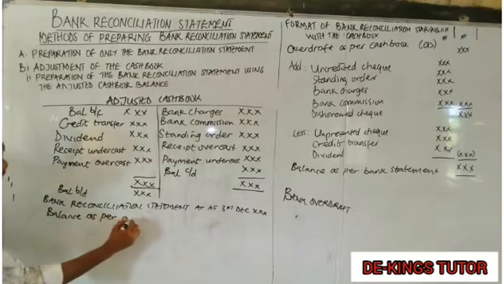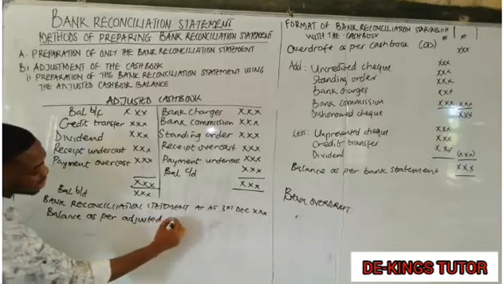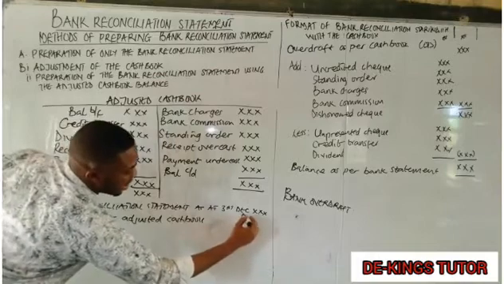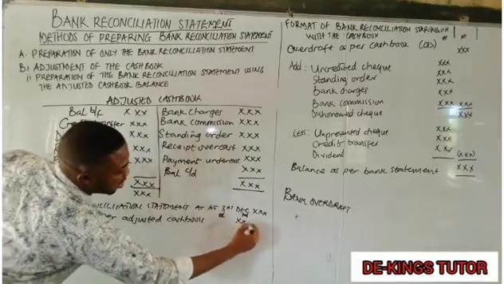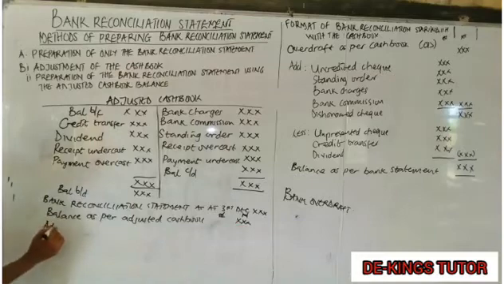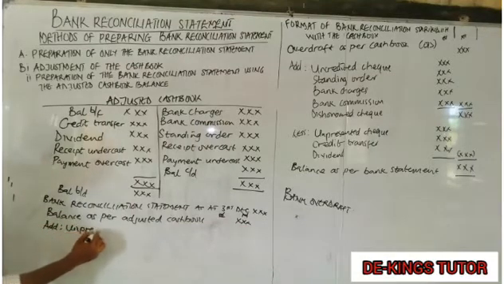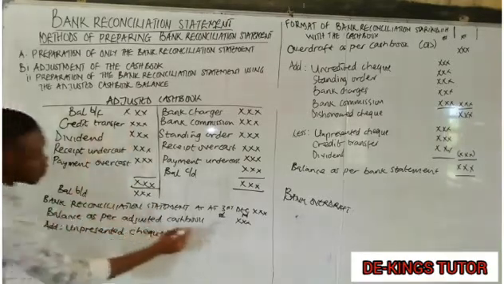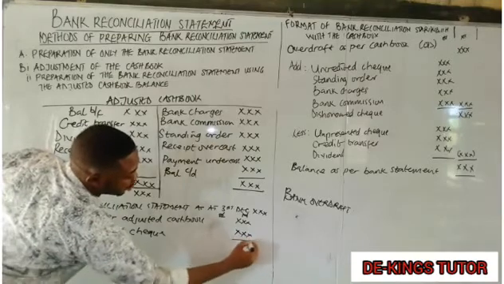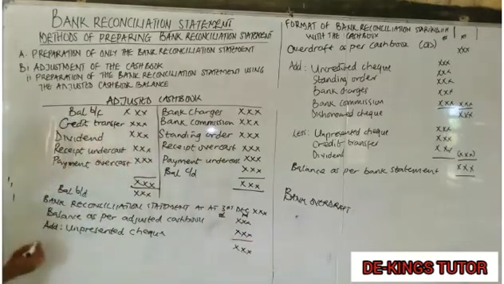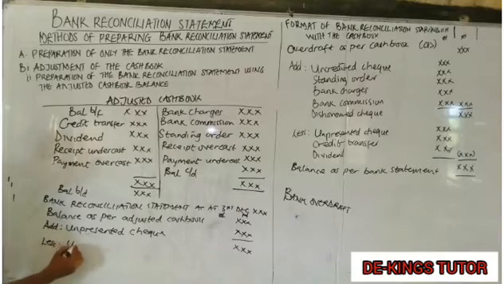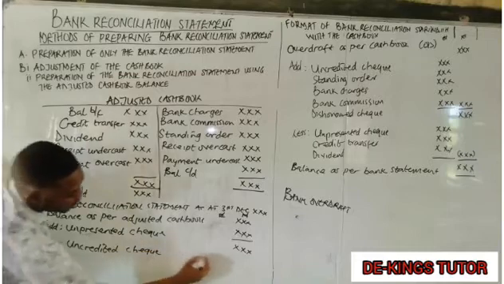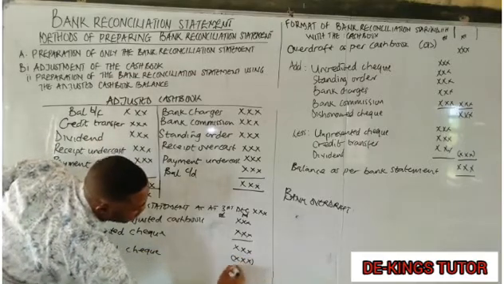We add unpresented checks. Unpresented checks do not come here, so they will be added here. What do we deduct? Now deduct uncredited checks. If you deduct uncredited checks, you now have a final amount, which is our balance as per bank statement.